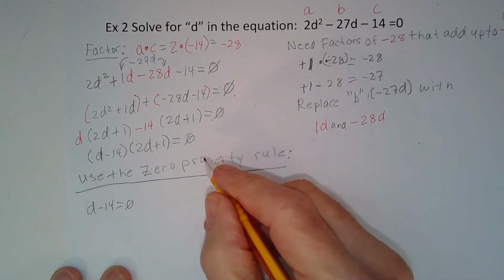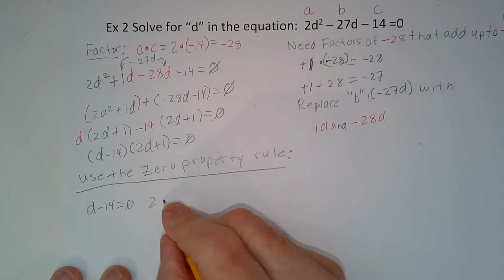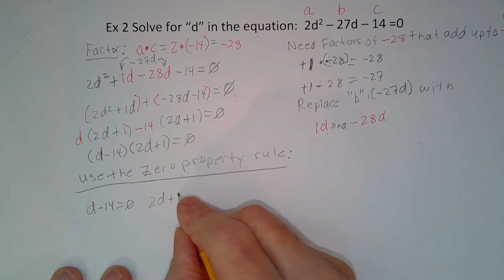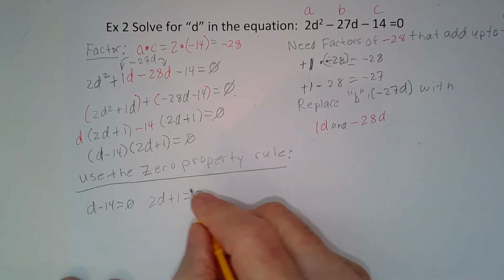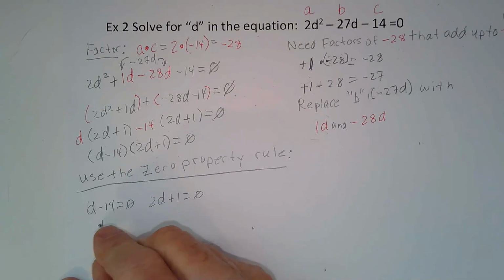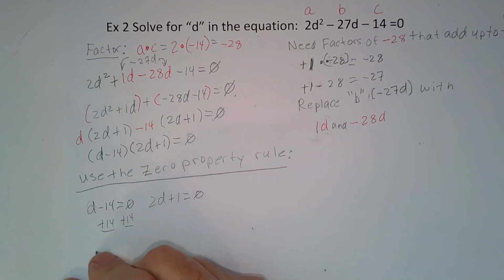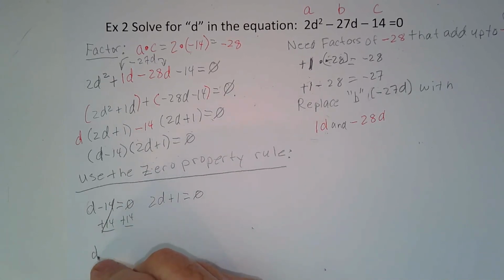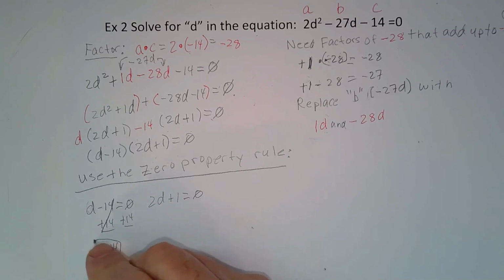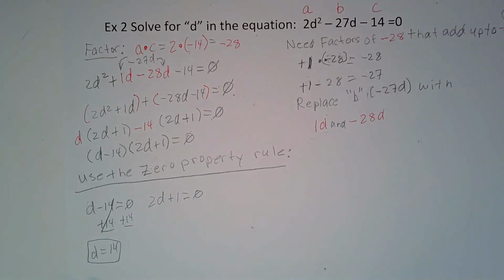And I'm going to use 2d plus 1 equals 0. So d minus 14, that's easy. We add 14 to both sides, and we get 14 and negative 14 canceling, and so d equals 14. So that's one of our solutions.